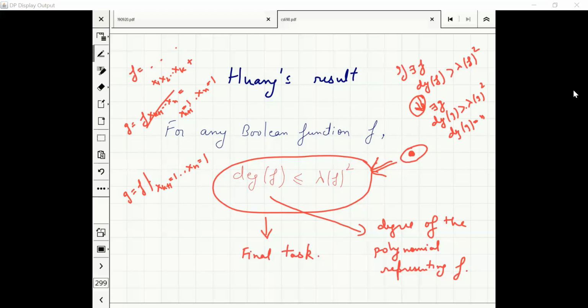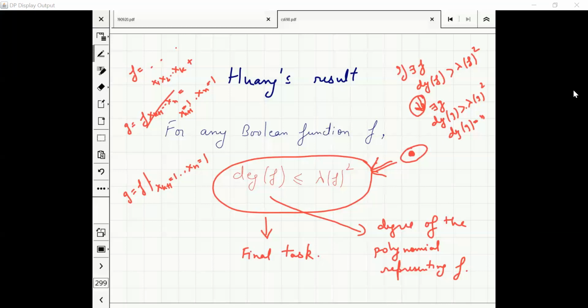Right? Because there will be no term which will match x1, x2, xk, right? That term will not be cancelled out. By putting the restriction, the x1, x2, xk term will not merge with any other term, right? Because there is no higher degree term than x1, x2, xk. Right?